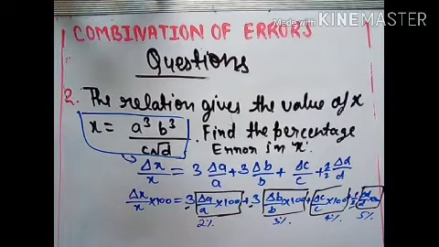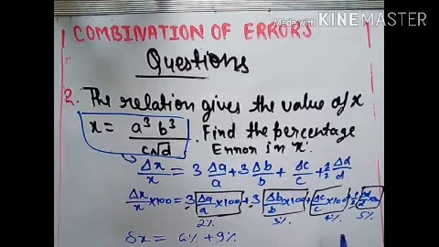So let's calculate the percent error, and you know how to write percent error. Delta x is equal to, multiply it, 3 into 2, 6%, plus 3 into 3, 9%, 4%, 2.5%.